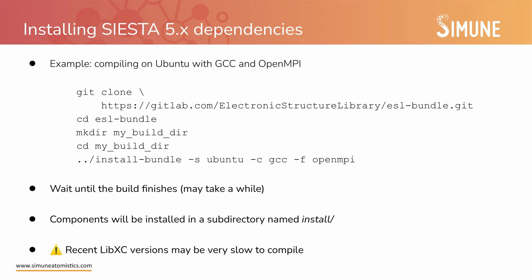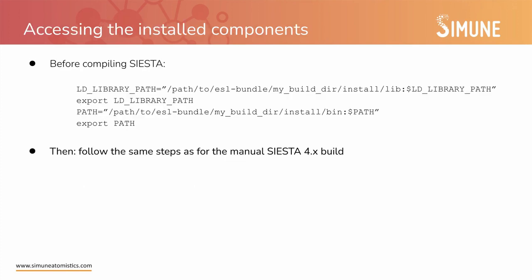Then you wait until the build finishes, and the components will be installed in a subdirectory named install. Just be careful when you compile recent libxc versions, because this could take quite some time. The ESL bundle will produce a series of libraries and executables, and to access them, you will need to add some variables to your environment.